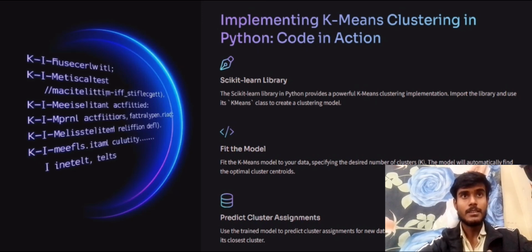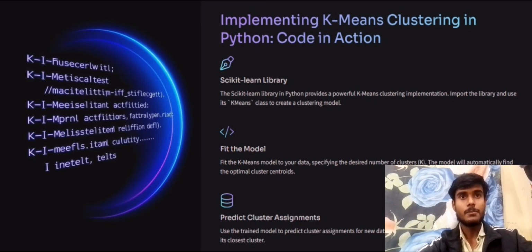Python libraries: scikit-learn library, fit the model, predict cluster assignment. The scikit-learn library in Python provides a powerful K-means clustering implementation. Import the library and use its KMeans class to create a clustering model.